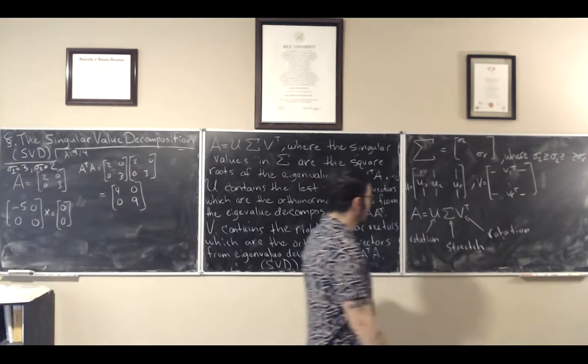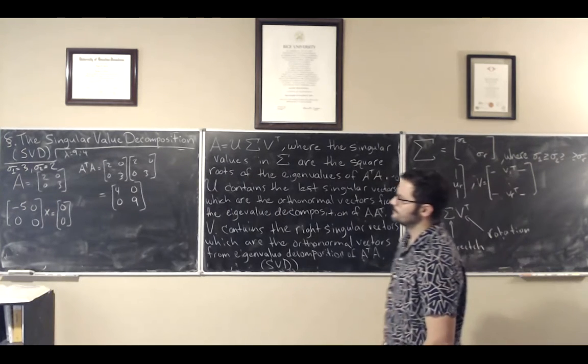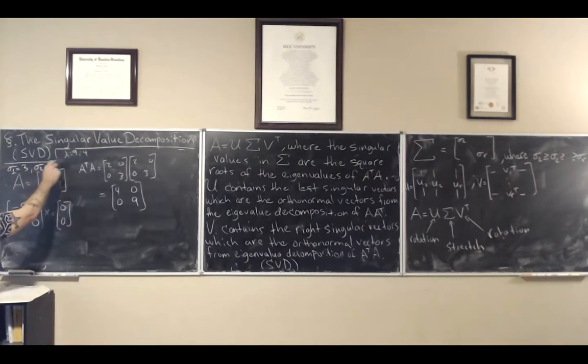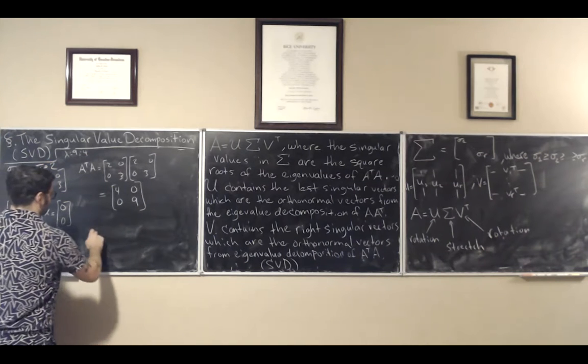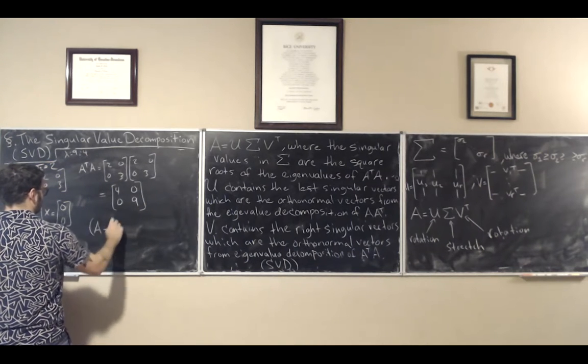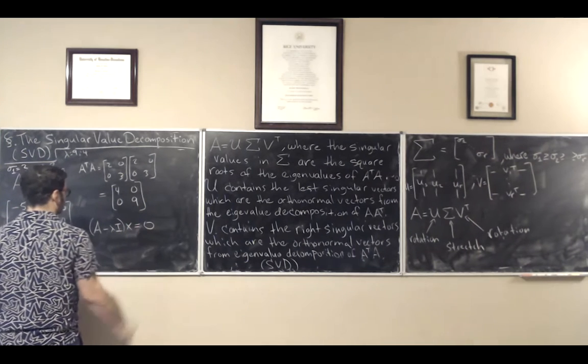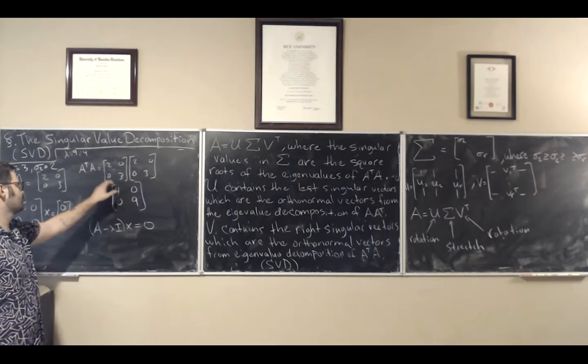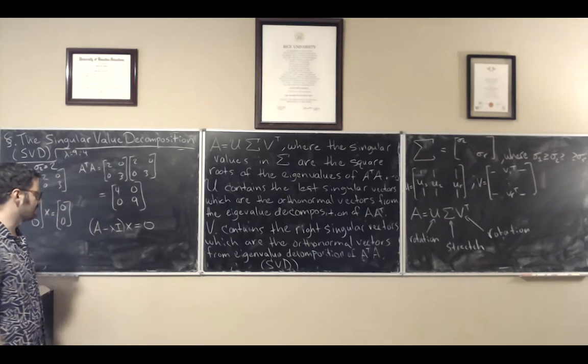And the same thing's going to happen for the other eigenvalue, right? Because we know A minus lambda I times x is equal to 0. And we do have the right eigenvalues, because look at the trace, right? 9, 4, 9, 4, everything adds up correctly.